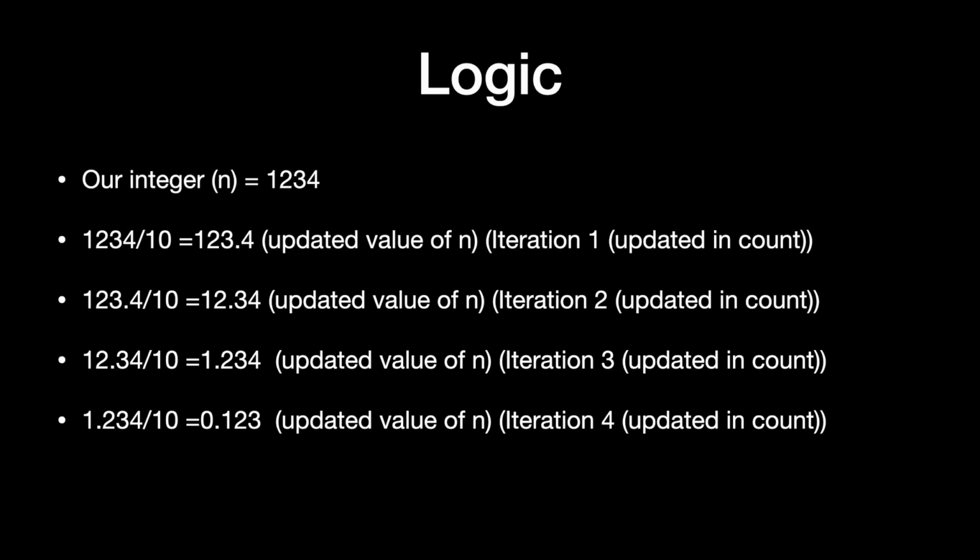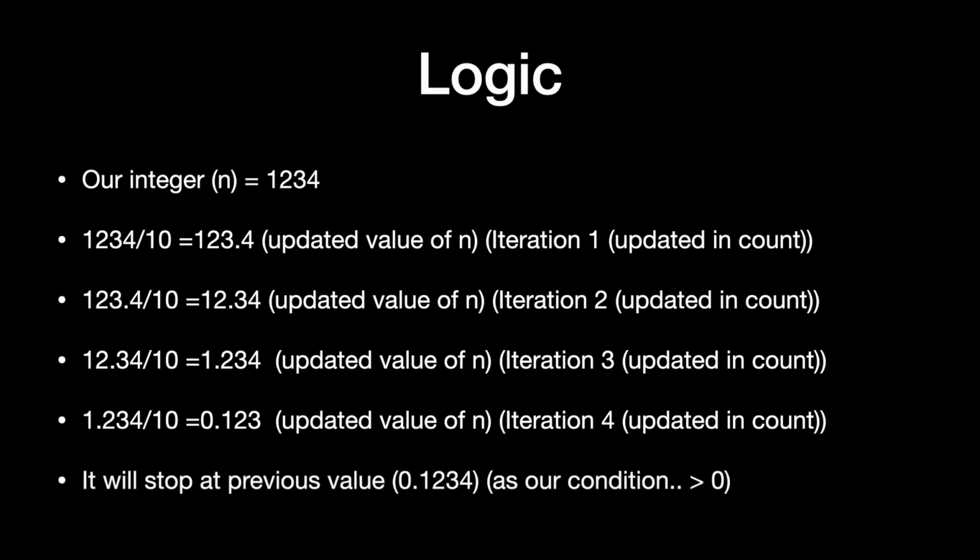Again this new value is updated in n, and this last iteration, 4, is updated in count. It stops here because we will set a condition that the n value should be greater than 0. As it reaches 0, that is the last iteration, and that number of iterations will be our count variable, and we print the value of count, which will be 4.